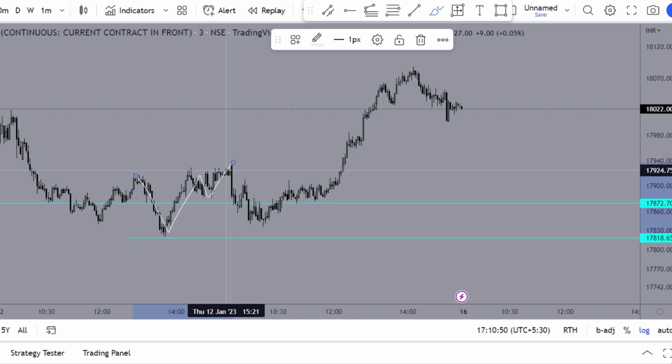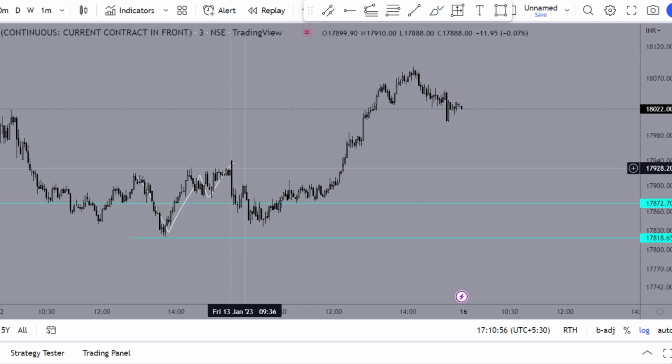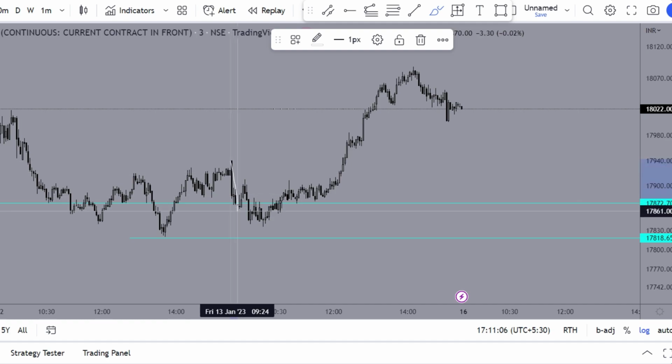That means this particular lower high has been broken to the upside, thus making a short uptrend. Now, subsequently, the pullback is going down, a lower low, this is a lower high.